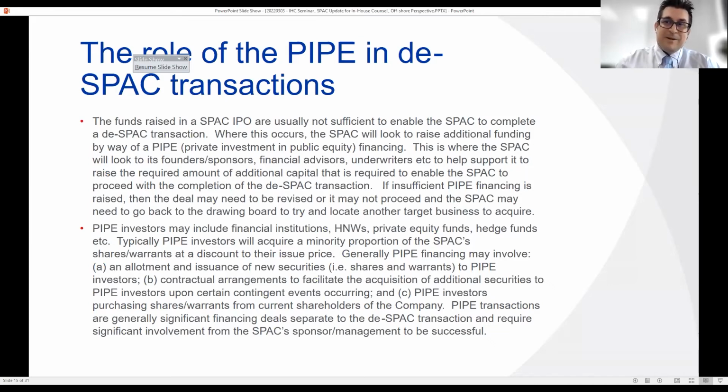PIPE financing has been increasingly difficult to obtain given the number of SPACs that are looking for de-SPAC targets and the ongoing market volatility. So PIPE investors, in return for contributing their PIPE financing, will receive discounted shares, warrants, other benefits if the de-SPAC goes ahead.